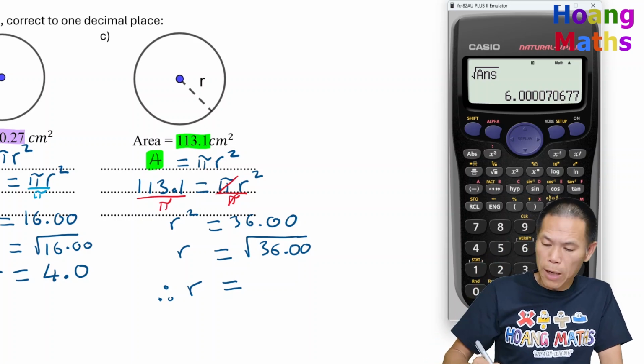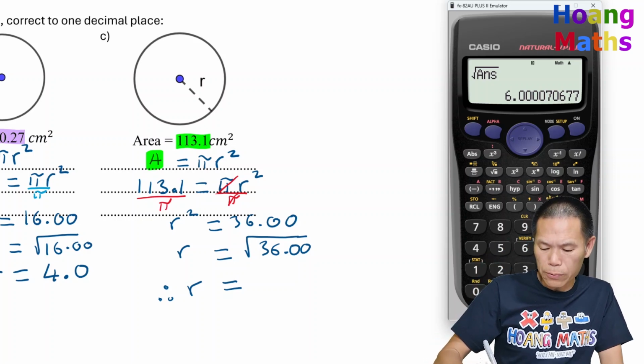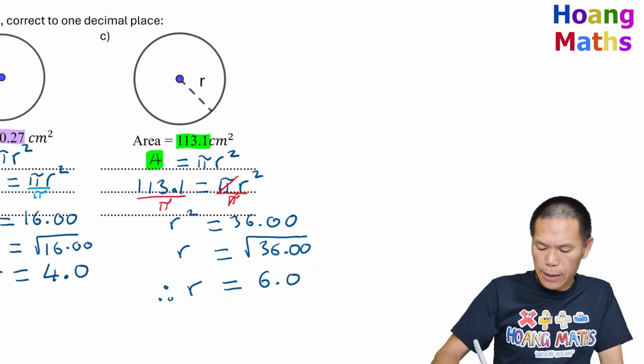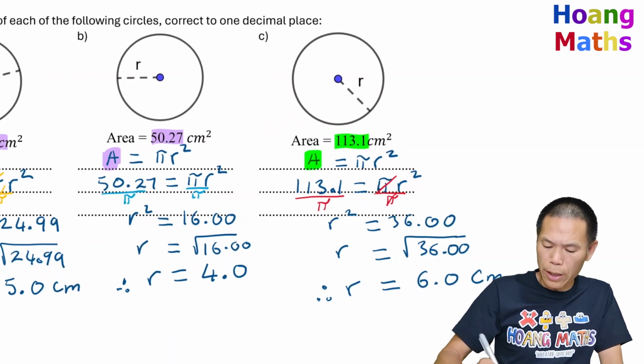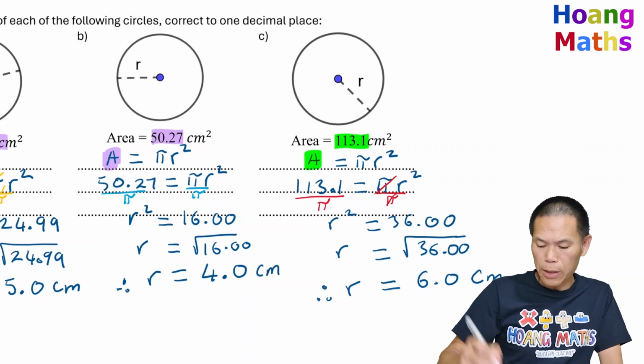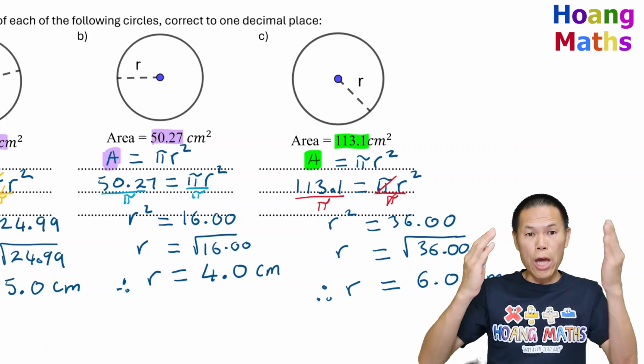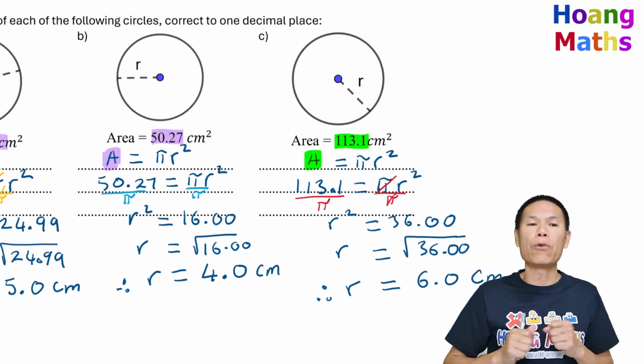Correct to one decimal place, 6.0. And the unit is centimeters. So same as part B here. Don't forget the unit, centimeters. Okay, so there you go. I hope you got all of them correct.